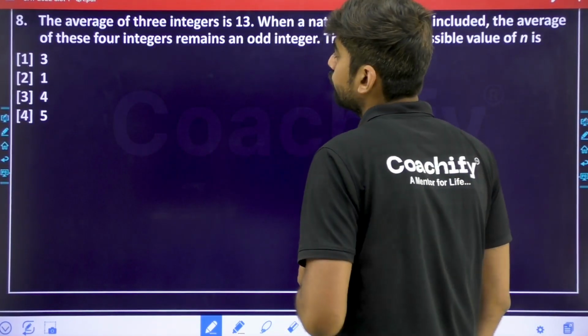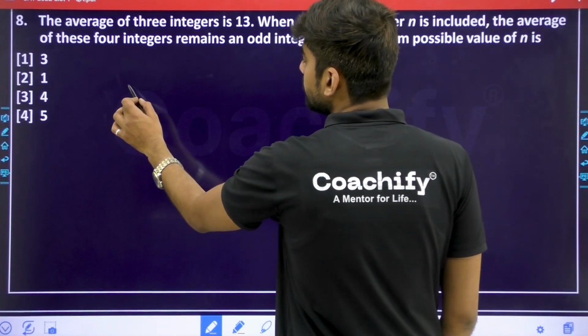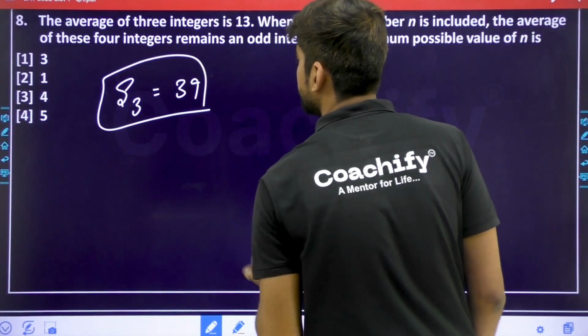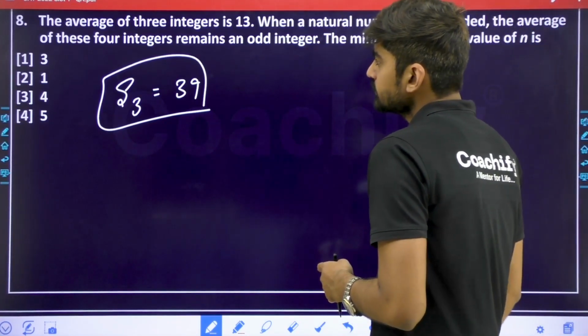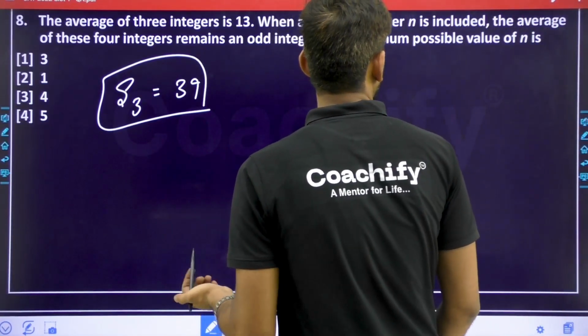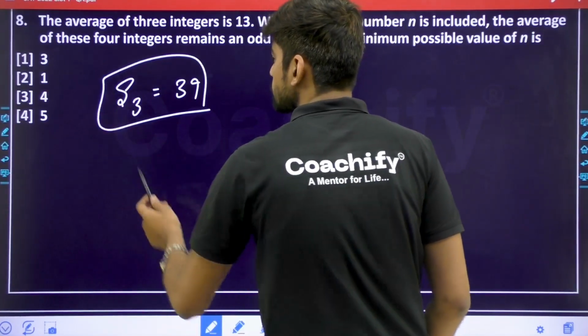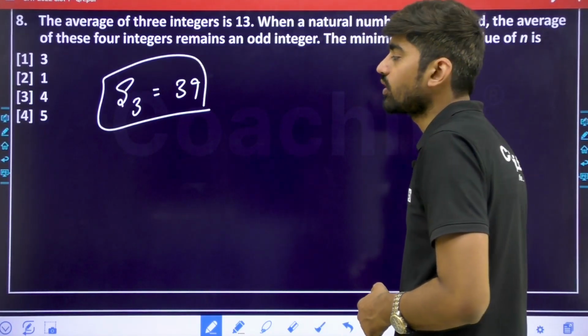Okay, let's try putting in values in such a way that all the conditions are fulfilled. Firstly, the average of 3 integers is given as 13. That means the sum of these 3 integers is 39. Perfect. So when we include one natural number, I have to keep my average as an odd integer. Let's start with the first option, which is 3. If I add 3 to 39, that becomes 42.